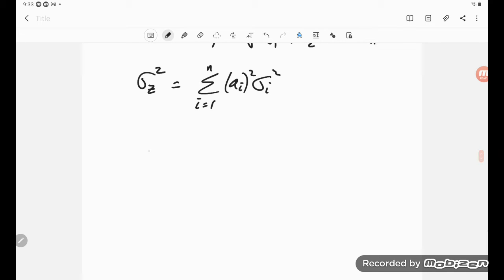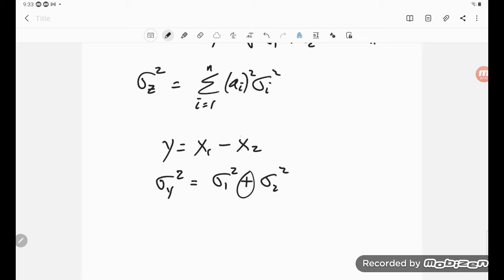So what that says is that if I have y equal x1 minus x2, then the variance of y is equal to the variance of x1, but plus the variance of x2. Okay, so plus, that was a minus, but now it's a plus, because we squared the -1 coefficient. So that's one that we can get messed up pretty easily.